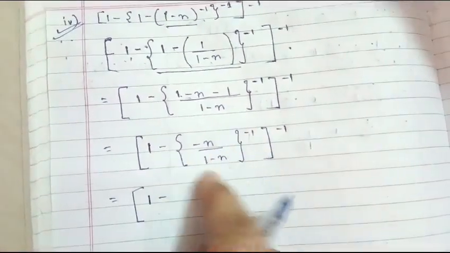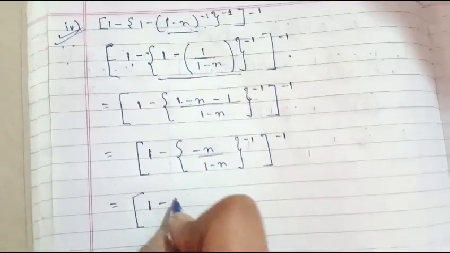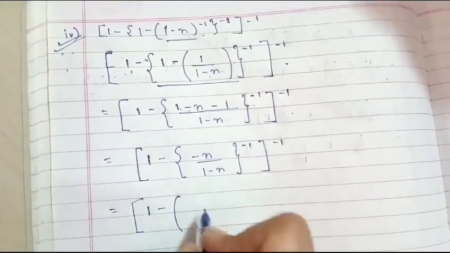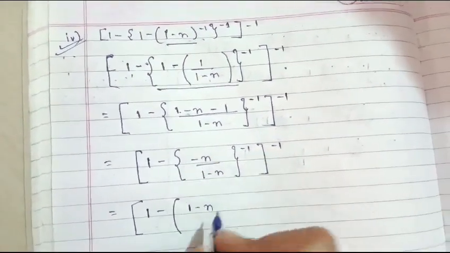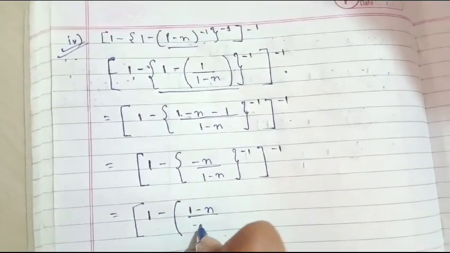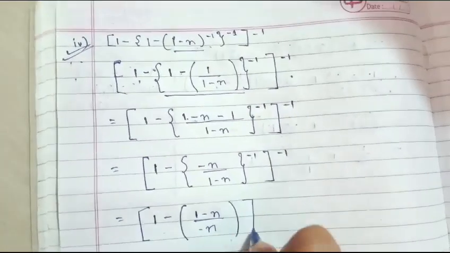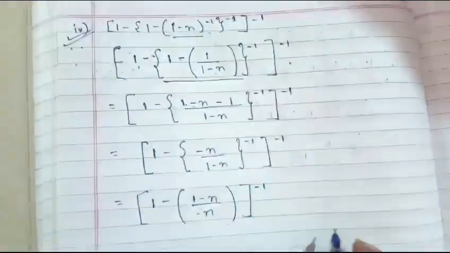Now we are solving this portion. This is negative power, turn it into positive. What are we going to get? We are going to get 1 minus n will come on top and this minus n will come down. Okay. Now the negative value of the power is gone, and then you're left with this whole bracket minus 1.